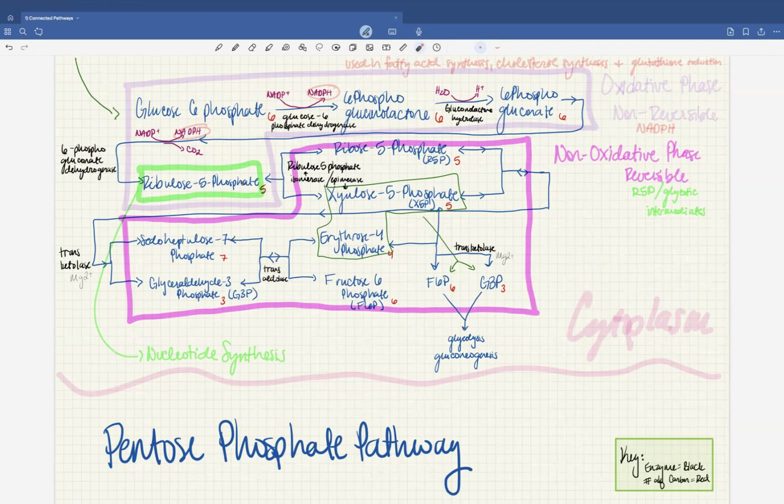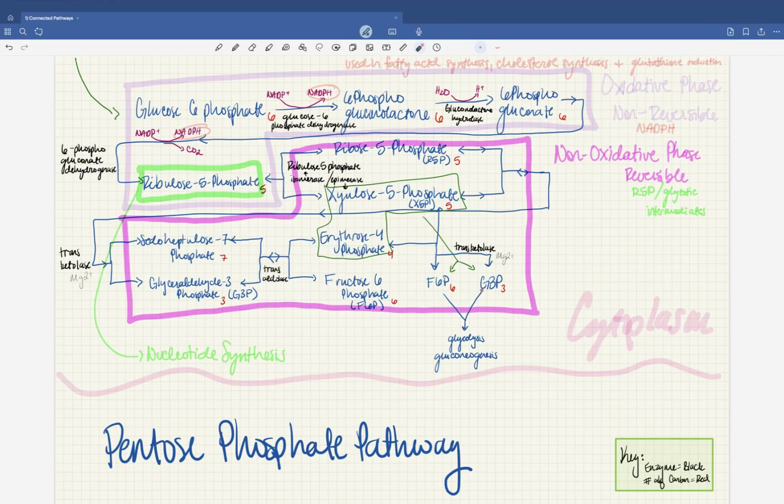Ribulose 5-phosphate can enter the non-oxidative phase if we are needing more glycolytic intermediates, which are down here, or if we want to make ribulose 5-phosphate from glycolytic intermediates such as fructose 6-phosphate and glyceraldehyde 3-phosphate.